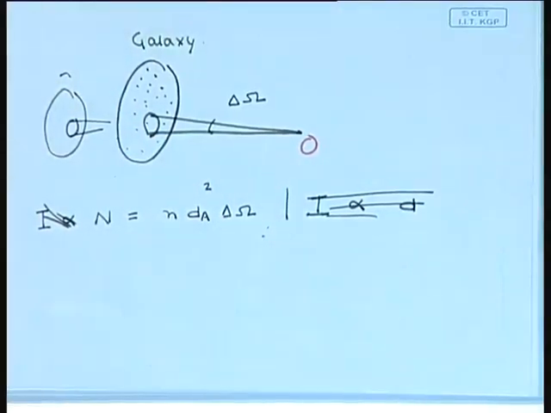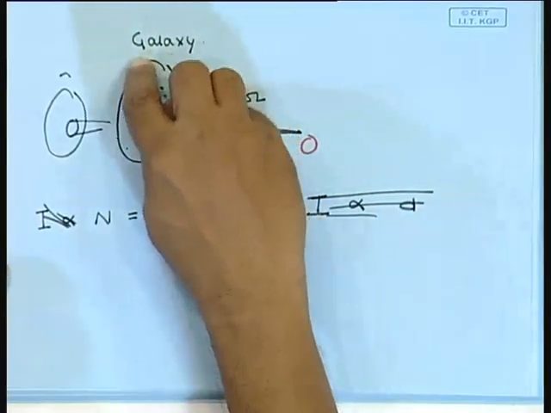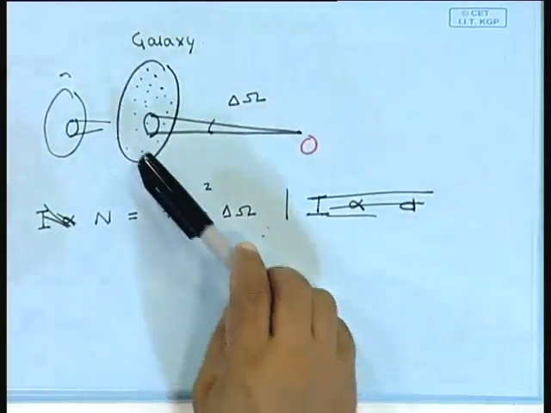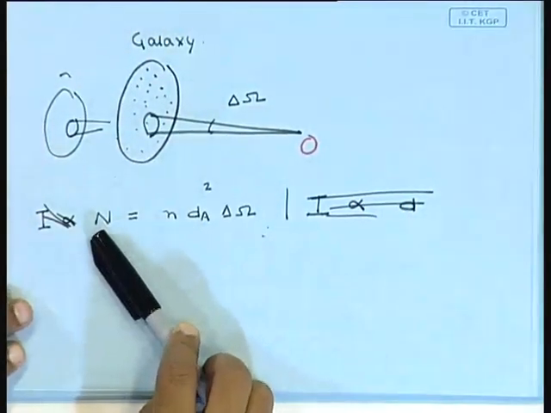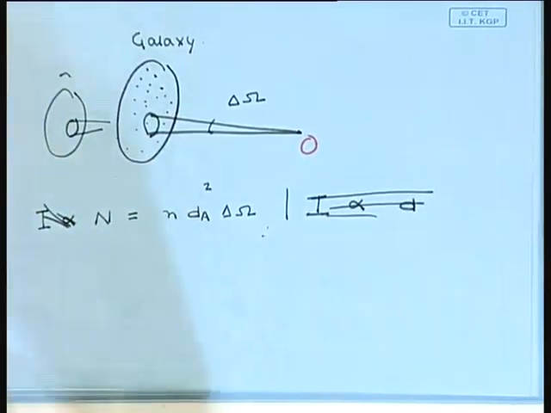Okay. Now consider the situation where I take this beam and put it at different places on the galaxy. Each time I put it somewhere, I am not going to get exactly this number, there will be fluctuations, that is called the Poisson fluctuation. Whenever you have discrete objects and you sample them, there will be fluctuations called the Poisson fluctuation.